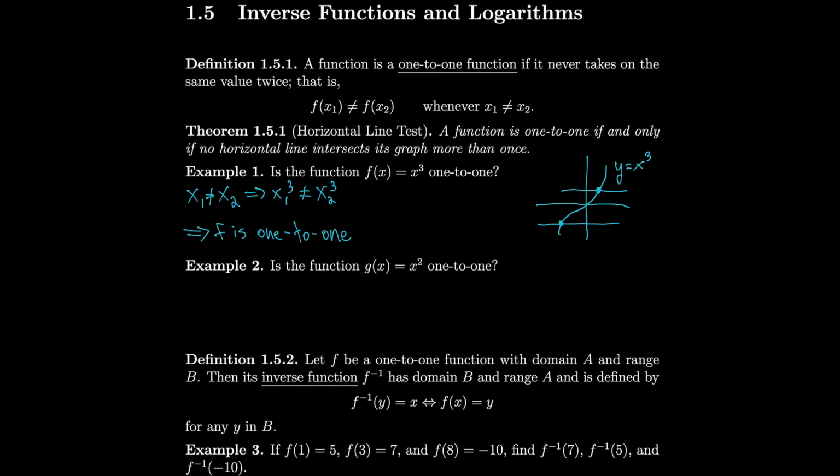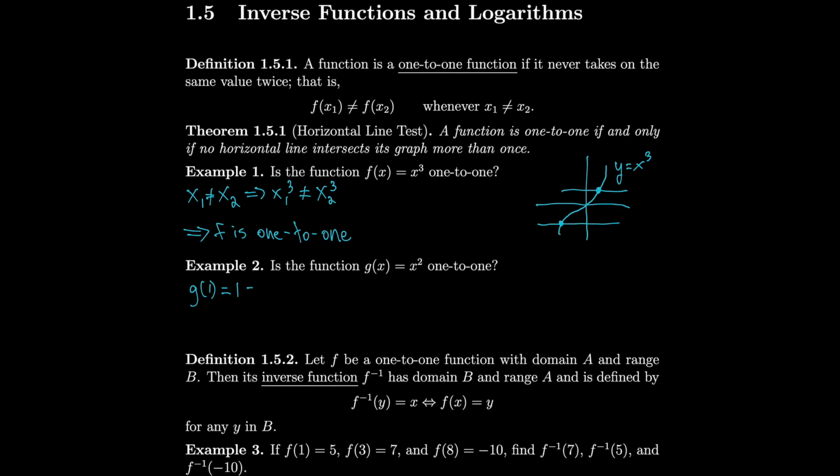Is the function g of x equals x squared one-to-one? Well, in order to break this thing and see that it's not one-to-one, all we have to do is find a single y value that's duplicated. So in this case, if we look at g of 1, then 1 squared is 1.